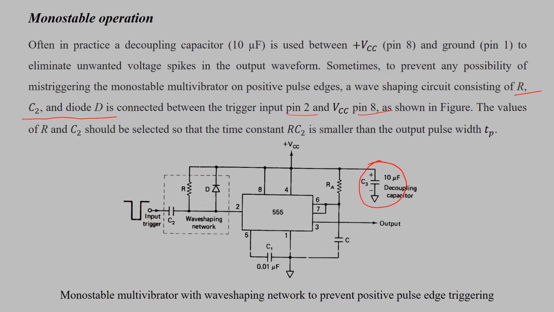This is how this circuit is attained. The values of R and C2 should be selected so that the time constant RC2 is smaller than the output pulse width TP. This is just to prevent the positive pulse edge triggering.